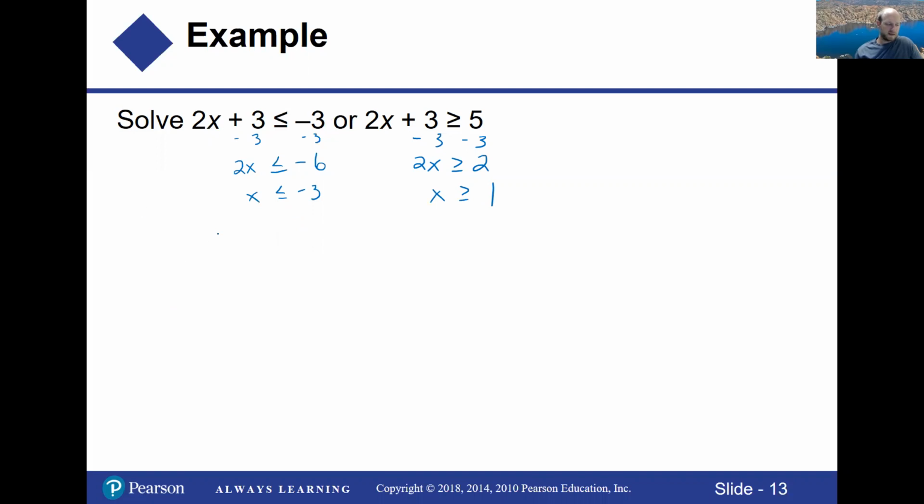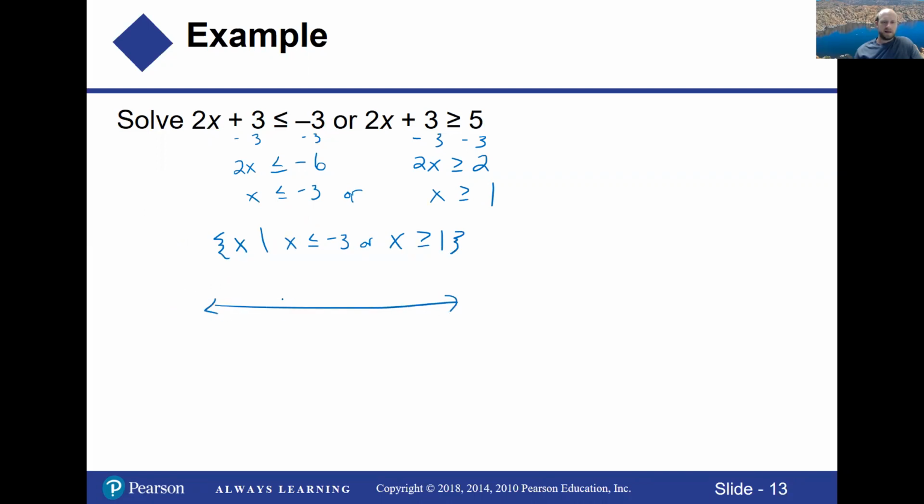So the set builder notation there would be the set of all x such that, and remember this was an or, set of all x such that x is less than or equal to -3, or x is greater than or equal to 1. And we can graph it.